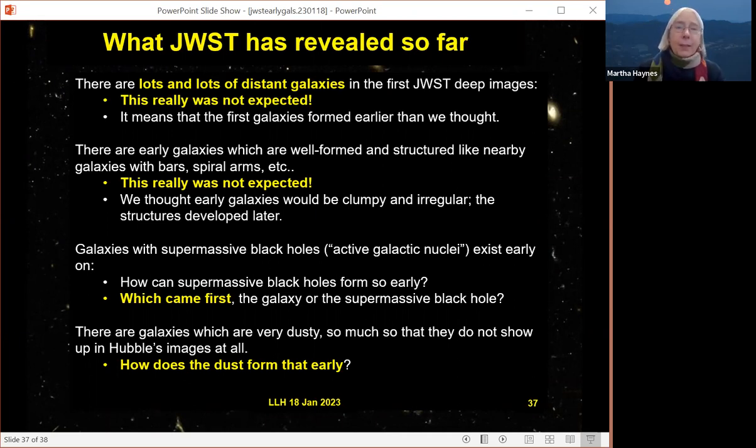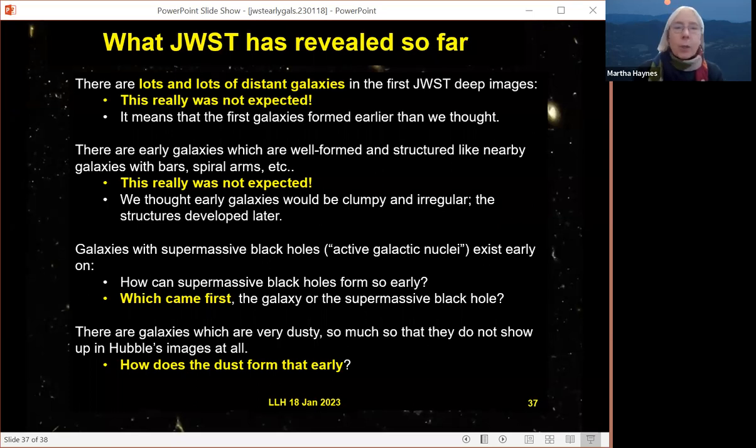Another problem that confuses us is that it appears that galaxies that have supermassive black holes in their center, what we call active galactic nuclei, but these are black holes that have maybe billions of times the mass of the sun in them, huge black holes, they actually exist early on in the history of the universe.